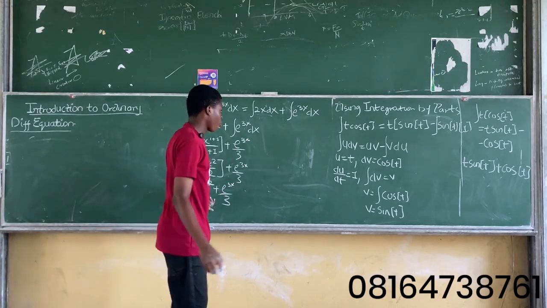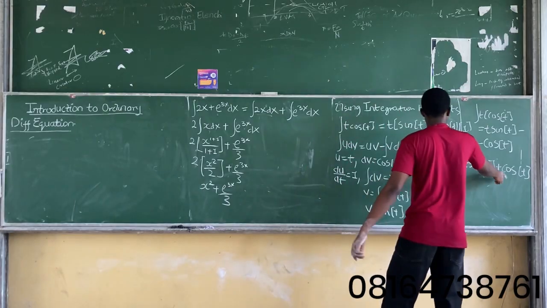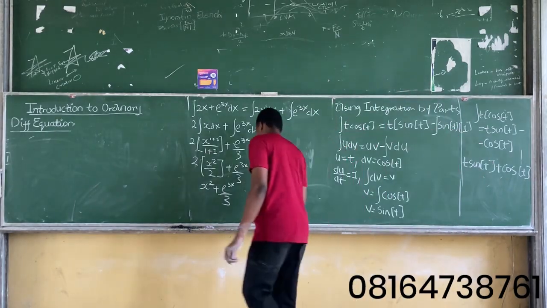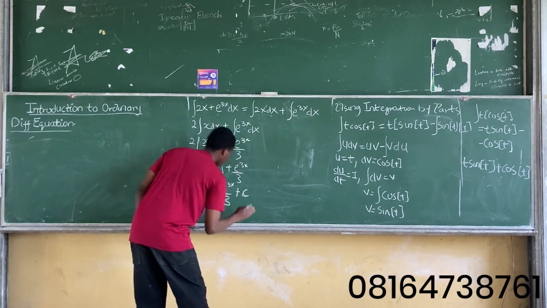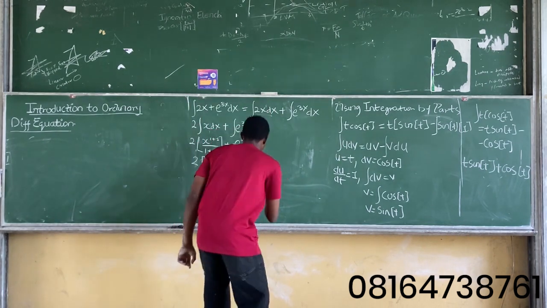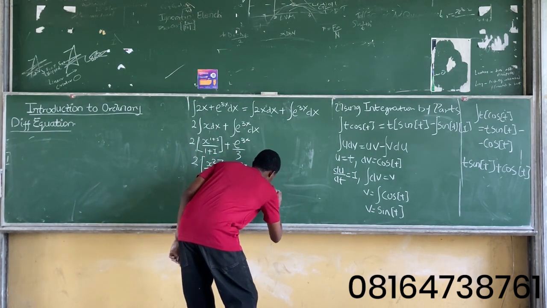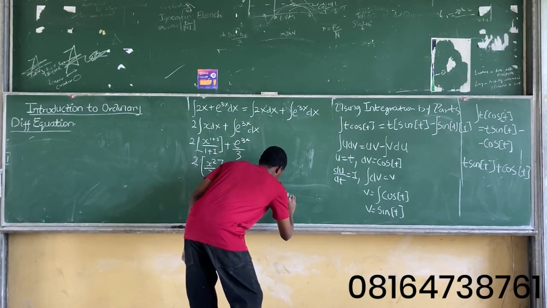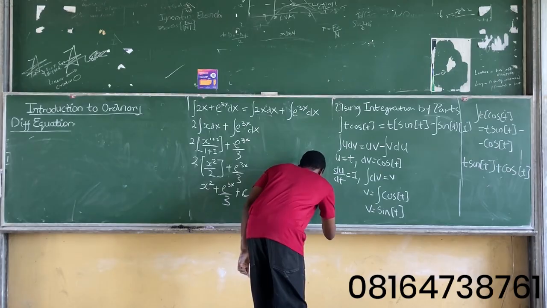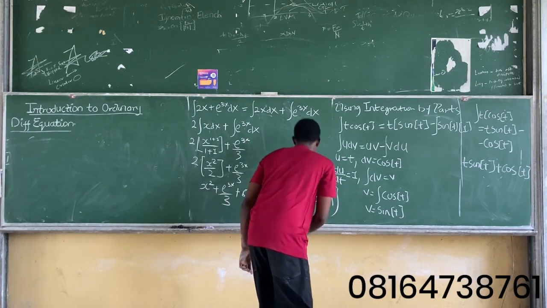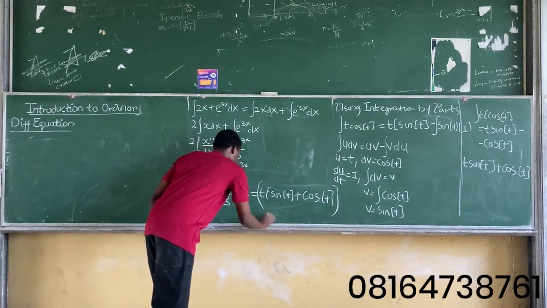So we have gotten one fraction. We are now going to sum it up with this, and let's not forget our integrating constants. We add it with t sine t plus cos t. So that is the final answer for this equation.